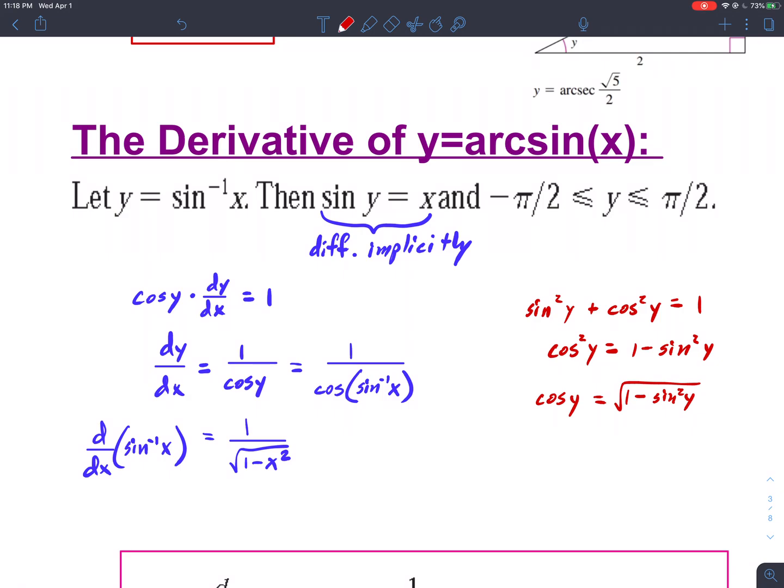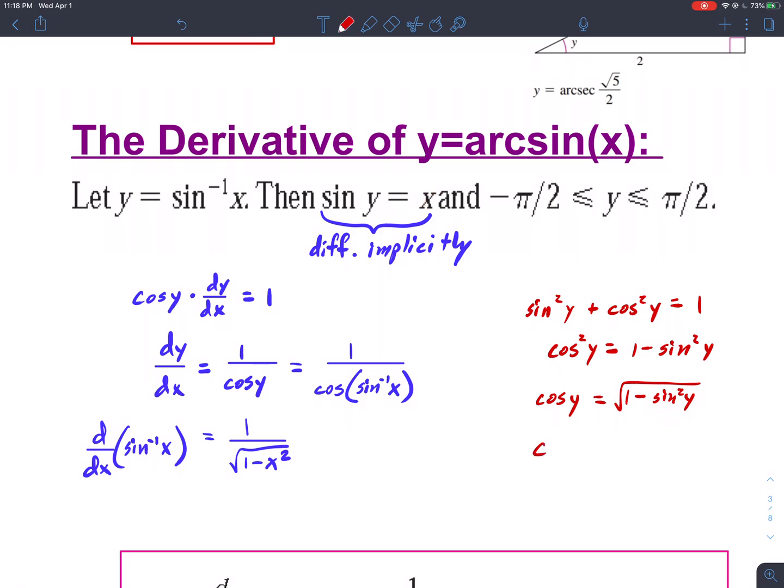And we just said earlier that sine of y equals x, when we rewrote this original statement, swapping the x and the y, we got regular sine. So that means this is basically just x squared.